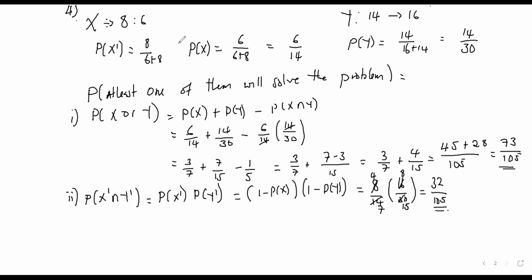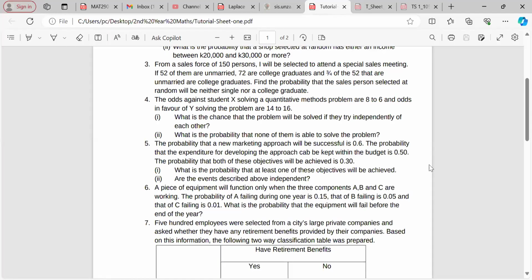Okay, so let's go to question 5. Question 5 says, the probability that a new marketing approach will be successful is 0.6.